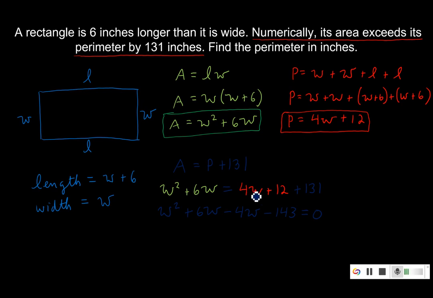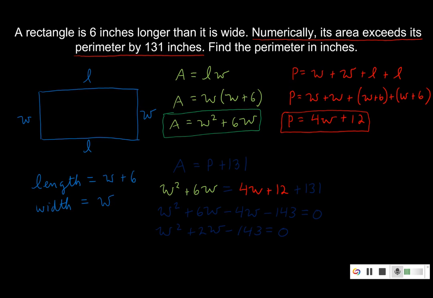Subtracting 4w from the right, and combining like terms on the right, 12 plus 131, and then subtracting 143 from the right, gives us w squared plus 6w minus 4w minus 143 is equal to 0. Now let's combine like terms on the left. On the left, 6w minus 4w gives us 2w. So the resulting equation is w squared plus 2w minus 143 equals 0.